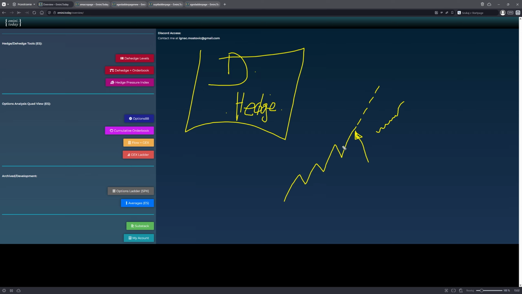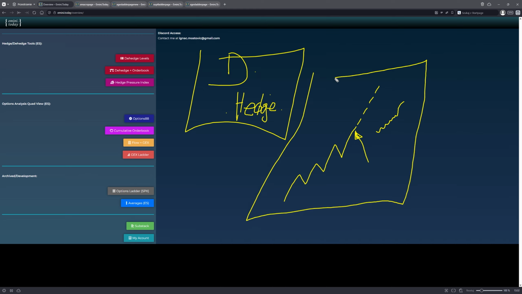So are you looking for hedging flows, or maybe you're looking for something else, right? And that is what you usually get in these software, that there's a lot of different ones, but these are usually calculating the GEX, right?